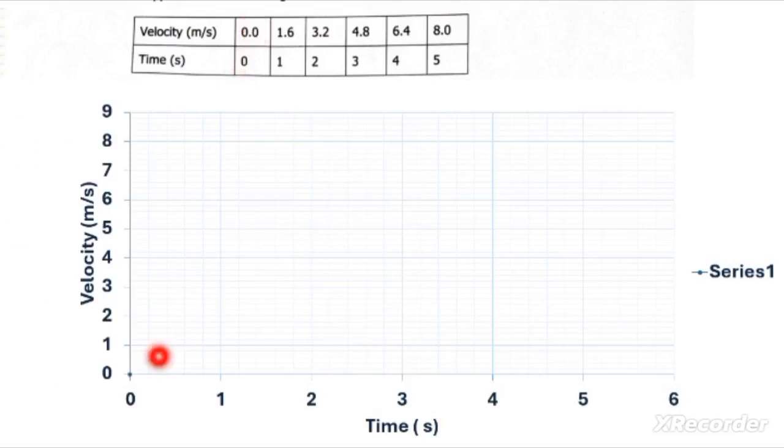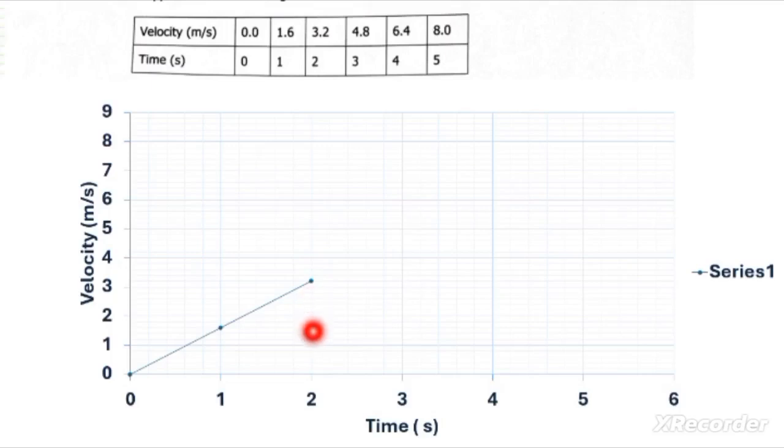So 0, 0 is found here. The second coordinate is 1, 1.6. So 1, 1.6 is found here. The next coordinate is 2, 3.2. So 2, 3.2 is found here.